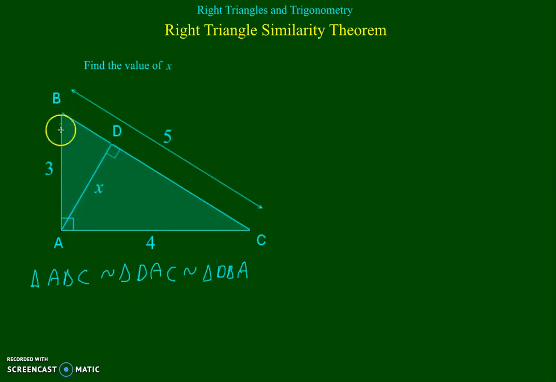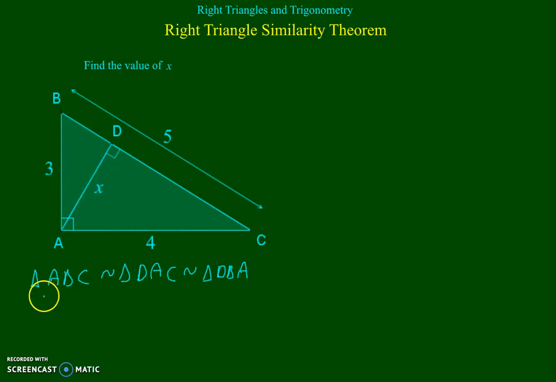Now I know everything about the big triangle, and I can use the small one or the middle one. It doesn't really matter because I know two sides of the small one, the x and 3 or x and 4. So it really doesn't make any difference which one I pick, so I'm going to pick the small one.